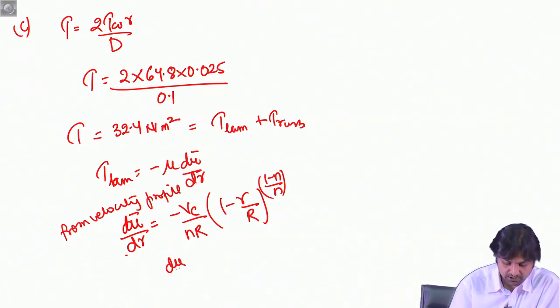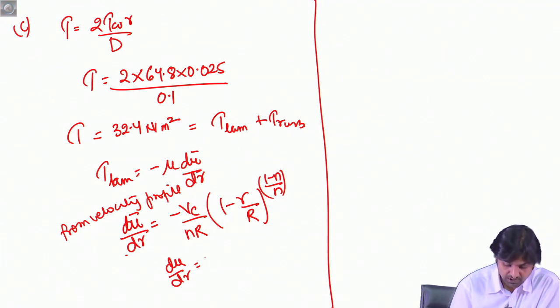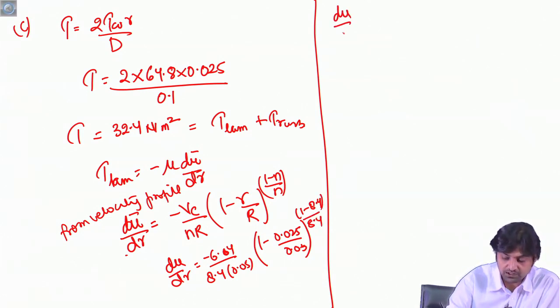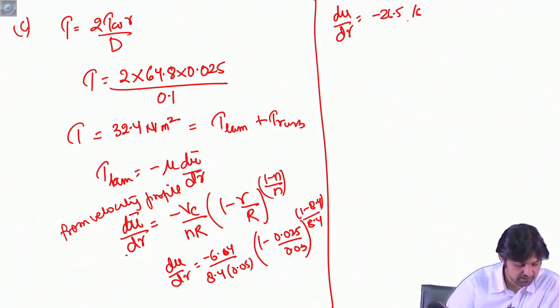So we calculate du by dr: minus Vc, which we already calculated, and n, which we already found from the curve, 8.4. Then 0.05 into 1 minus 0.025, radius already given, to the power 1 minus 8.4 divided by 8.4. So du by dr is coming to be minus 26.5 per second.